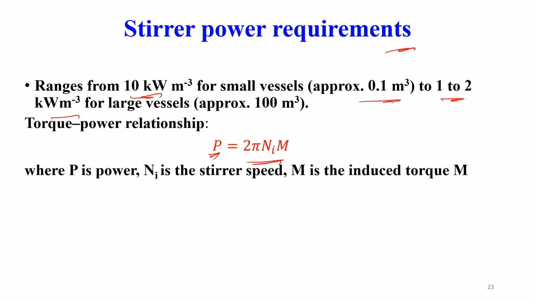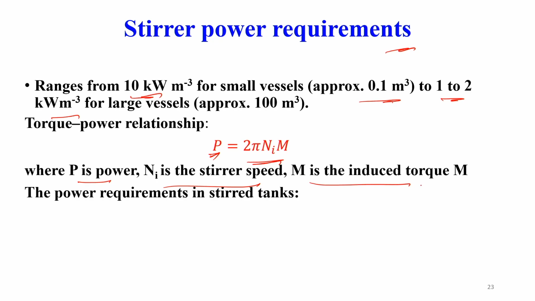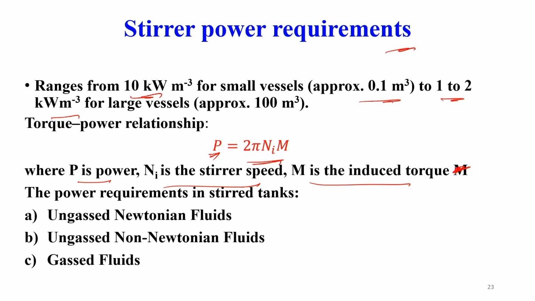So, P is the power, Ni is the stirrer speed, M is the induced torque, and now there can be three different arrangements in the stirred tank. One is ungassed, there is no aeration, only agitation, Newtonian fluid. Second will be ungassed non-Newtonian fluid, and third will be the gassed fluid.